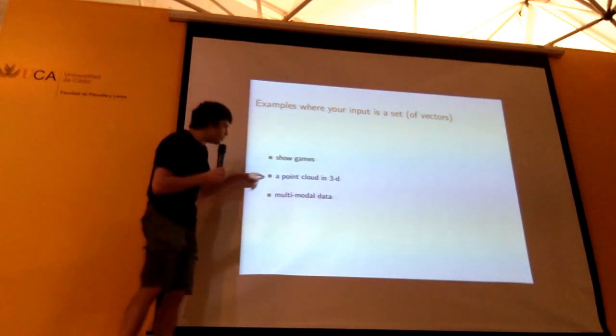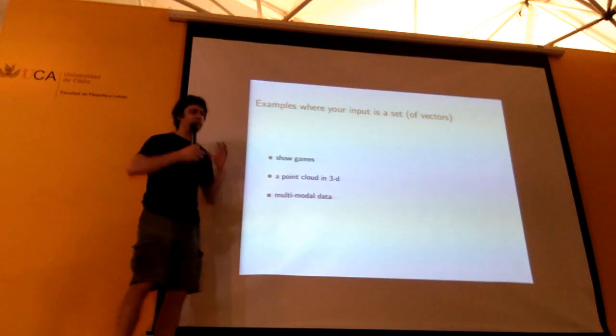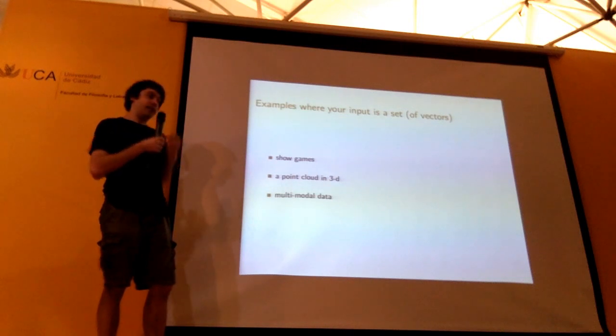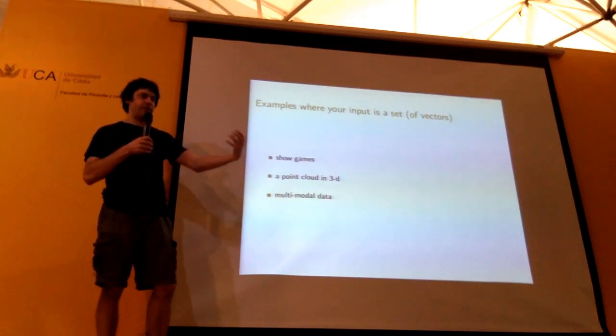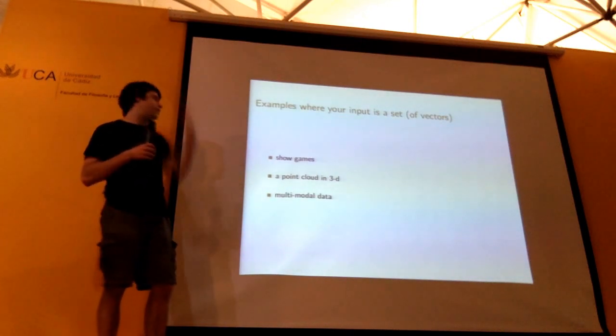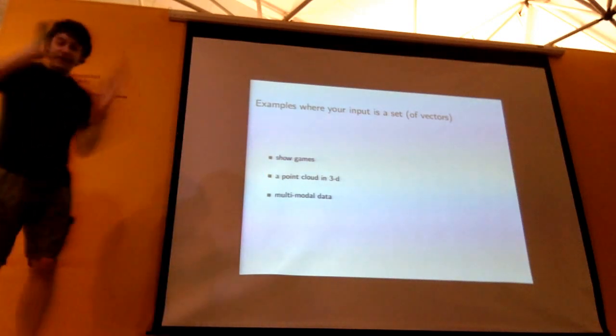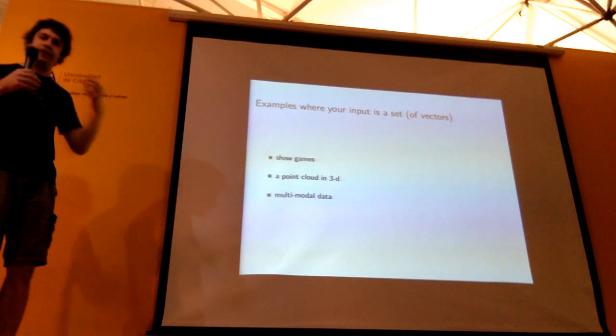So that the input is a point cloud. Actually, it's super annoying to deal with that point cloud as a parameterized object. It'd be really nice to just feed in the set of points and you output some vector, right? So this is an example where the set of 3D points actually has really nice structure to it.